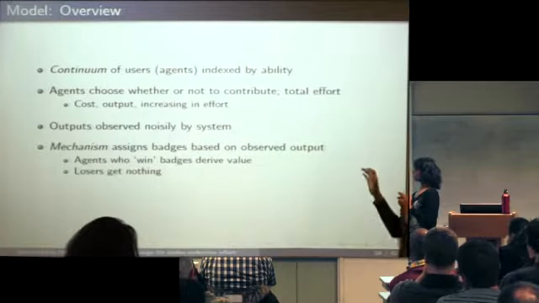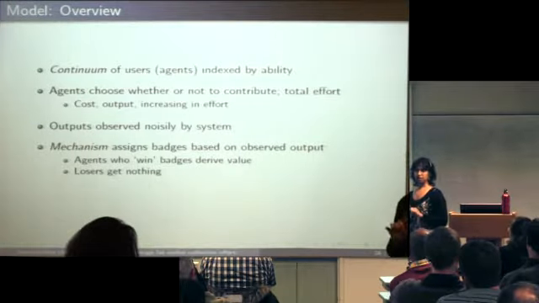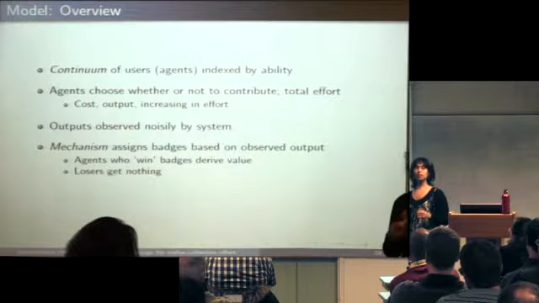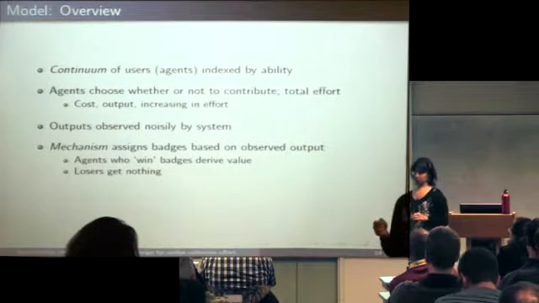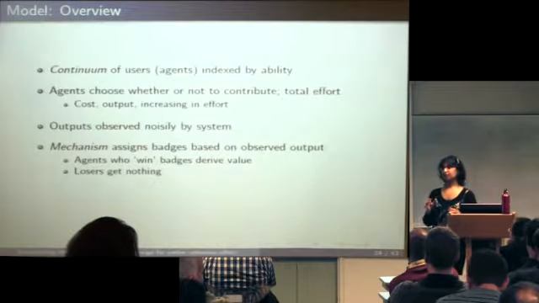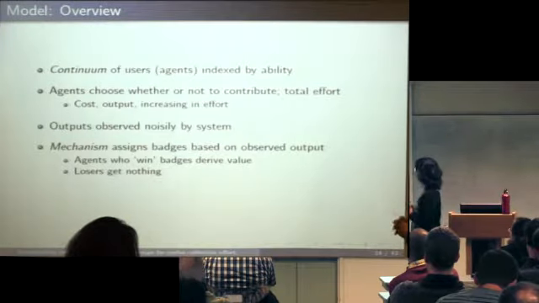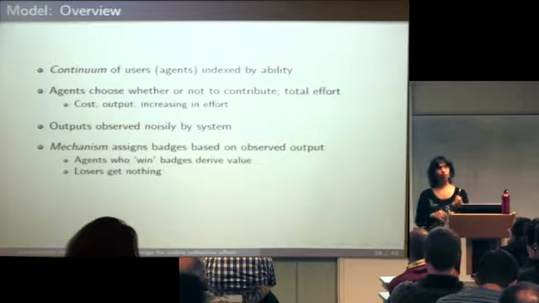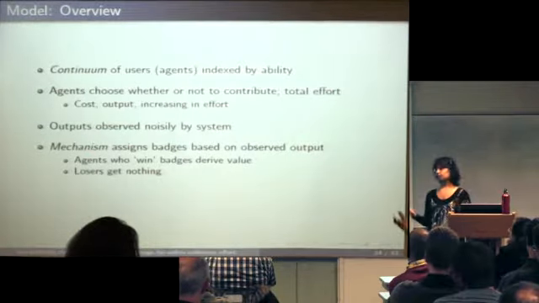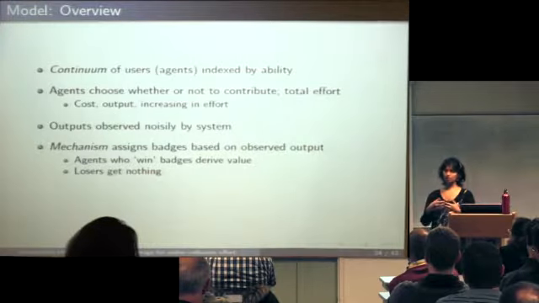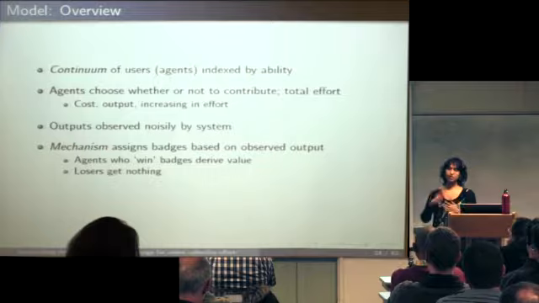As in the previous model, again that's going to be the same nature of the trade-off. The more effort I put in, the more output and the higher my probability of winning a badge, the higher the cost to me. Okay? So more effort leads to higher benefits and higher costs. Outputs are going to be observed noisily by the system, and this is basically meant to reflect the fact that on most of these sites, like Yahoo Answers or Stack Overflow, the quality of my contributions is not something that's judged perfectly.